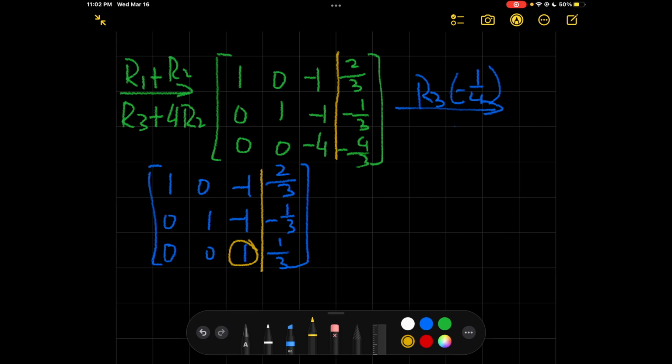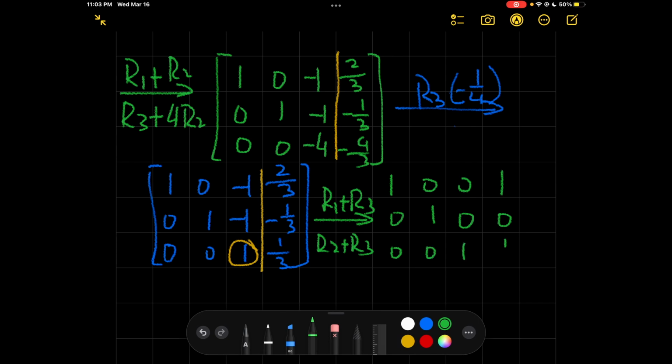Now we use this as a pivot point. What we can do is row 1 plus row 3 and row 2 plus row 3. We have 1, 0, 0, 1, and 0, 1, 0, 0, and this is 0, 0, 1, 1/3.